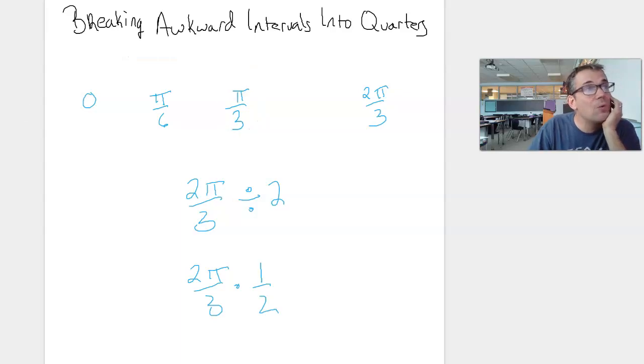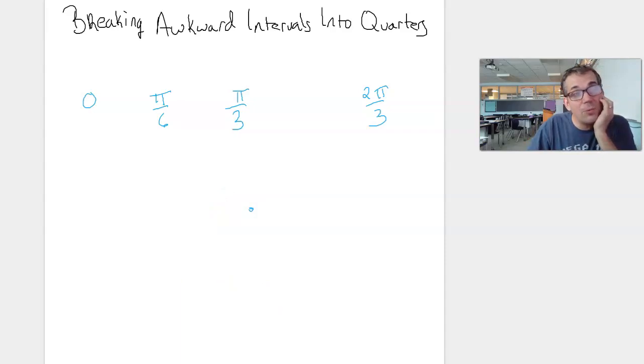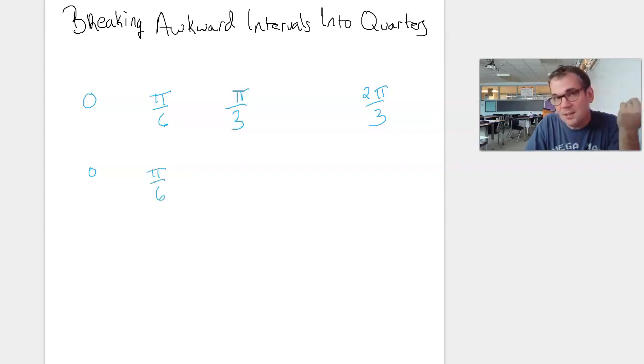So now, rather than take the average of these, which can be kind of obnoxious, there's another trick. If I put all this stuff over the same denominator, a very obvious pattern will reveal itself. You'll see. So if I take this 0, I'll leave that as 0. This is pi over 6. If I write this, or think of this really as something over 6, to make that denominator 6, I'd have to double it.